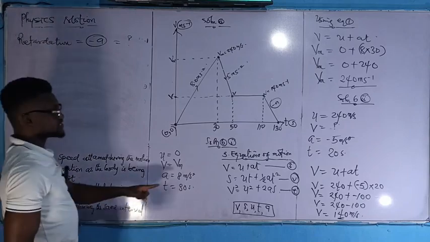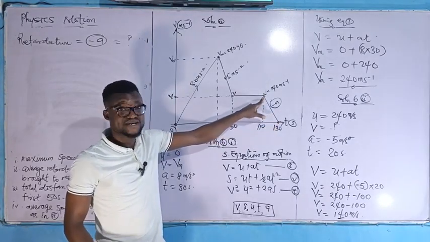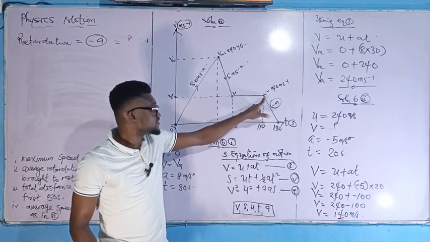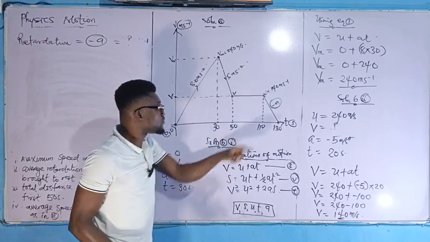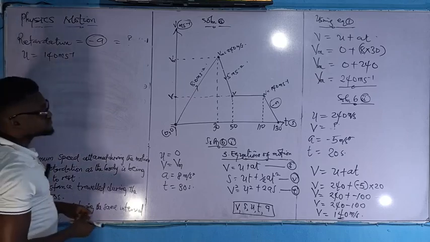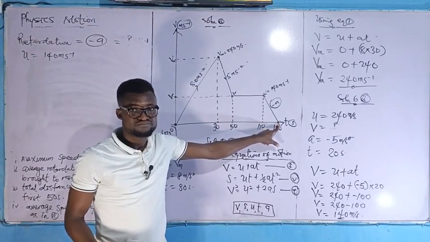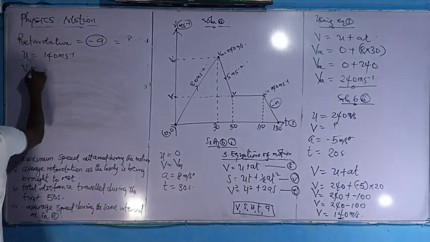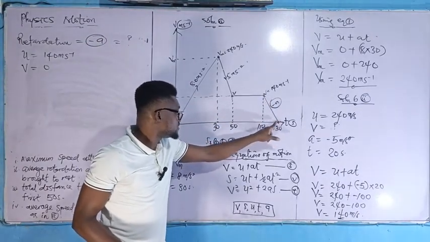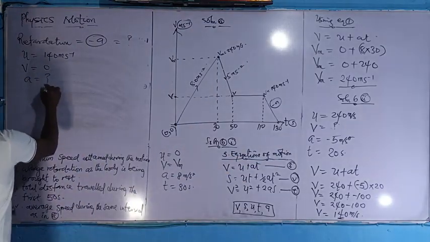We write down the parameters. We have initial velocity as the body retards from this point to here. Here becomes the initial velocity, while here becomes the final velocity. So the initial velocity for the retardation is 140, so we have U as 140 meter per second. It retards from this point to this point, so the final velocity becomes 0. Then the acceleration is what we are looking for.